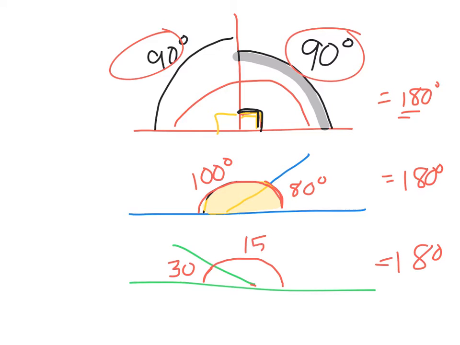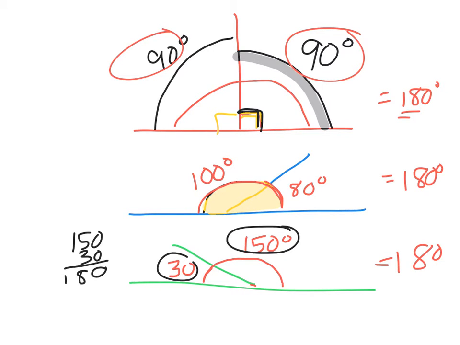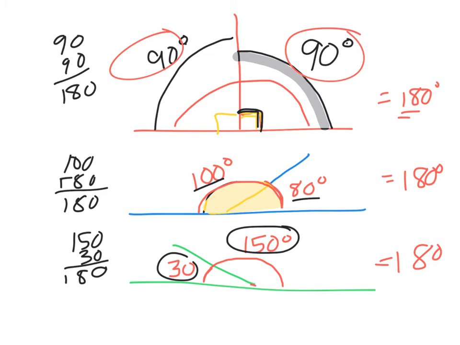This would be 150 degrees, because 150 plus 30 is 180. 100 plus 80 is 180. 90 plus 90 is 180.